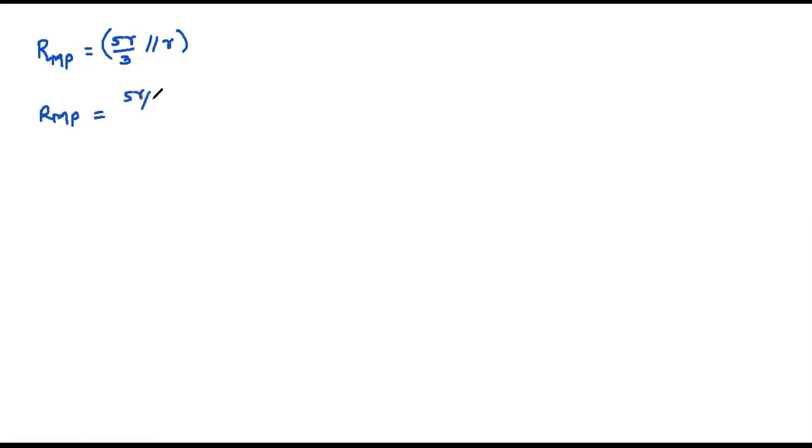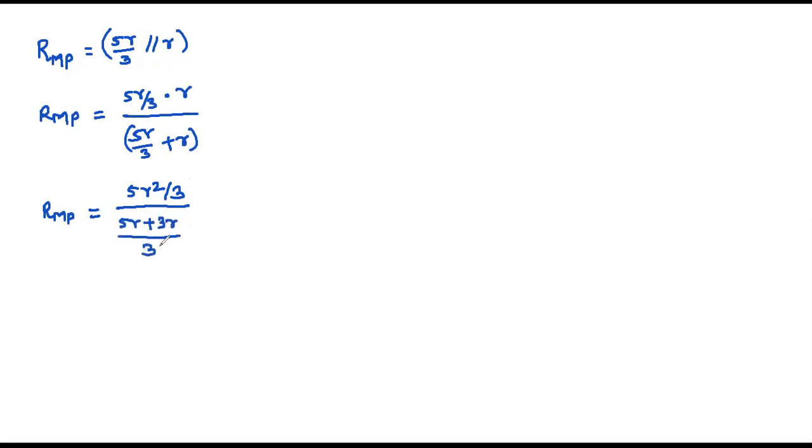So 5R by 3 into R divided by 5R by 3 plus R. And therefore RMP is equal to 5R square by 3 total divided by 5R plus 3R divided by 3.